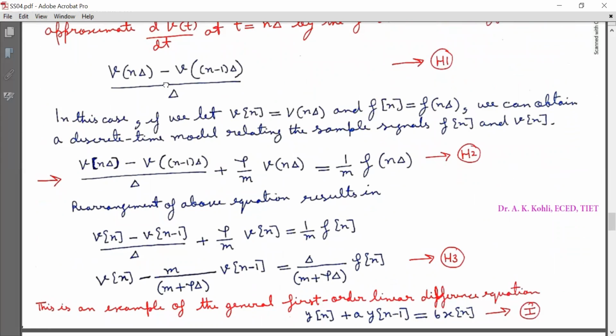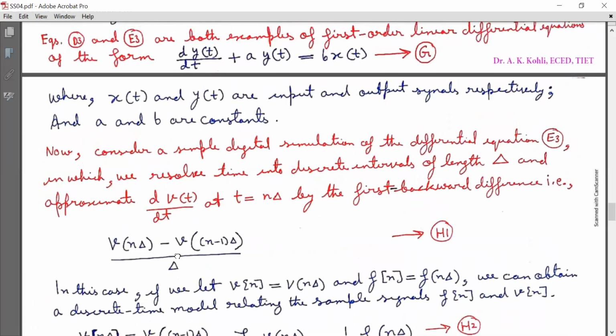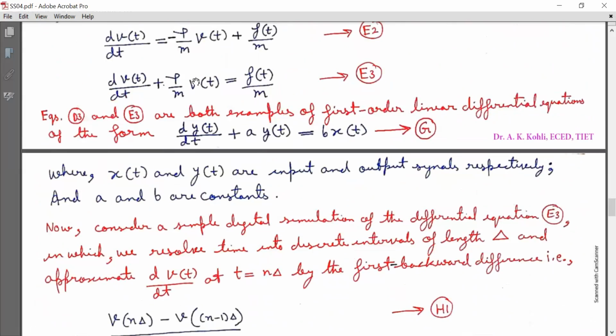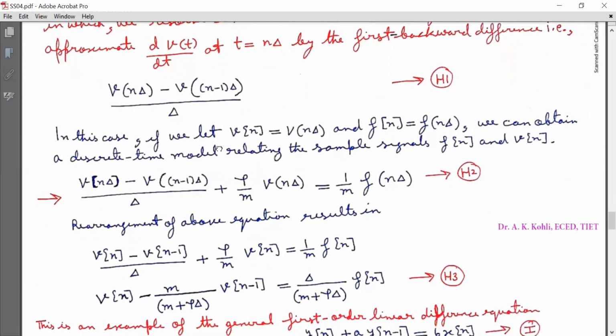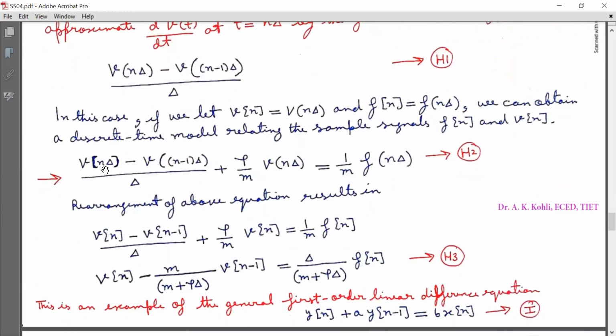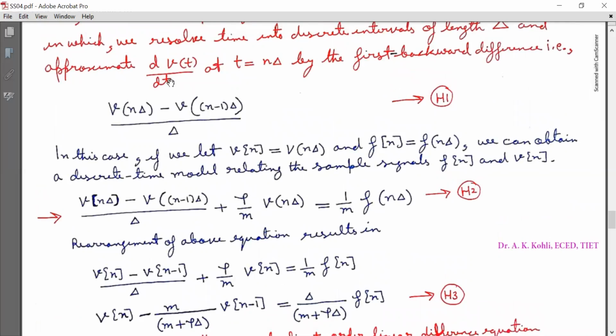So using this concept in this equation, I have (v(n delta) minus v((n minus 1) delta)) divided by delta plus rho by m v(n delta) is equal to 1 by m f(n delta). Mark it as equation H2. So I have approximated this derivative, that is d by dt of v(t).